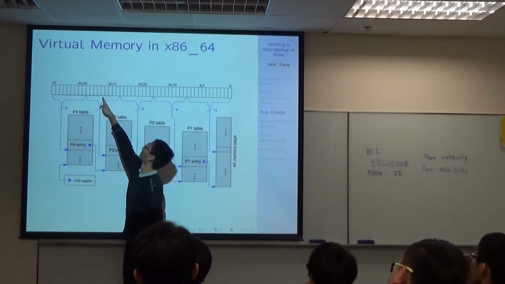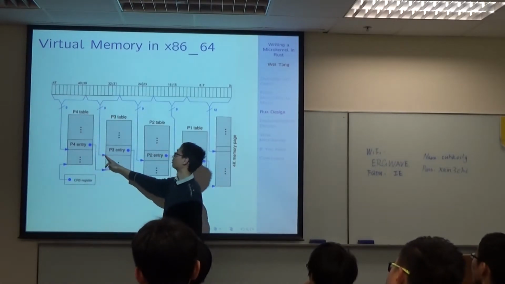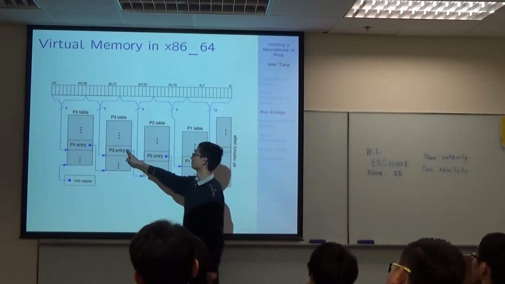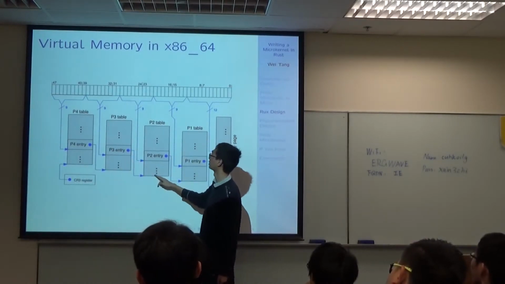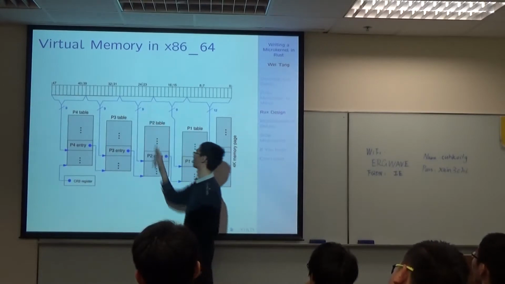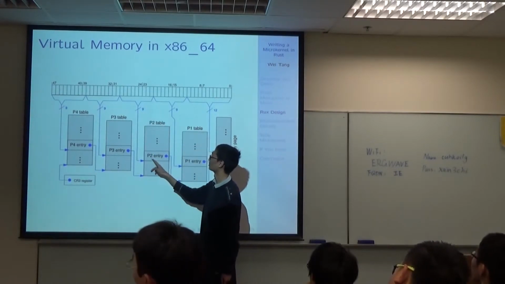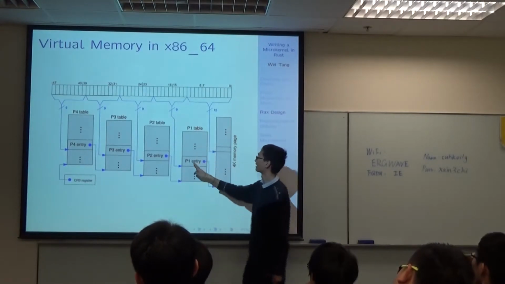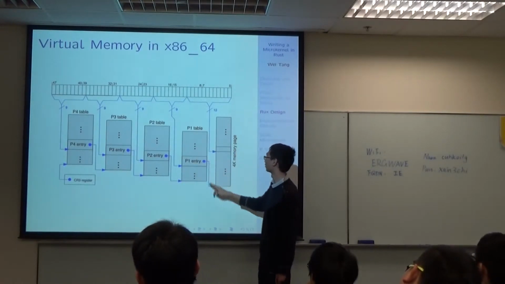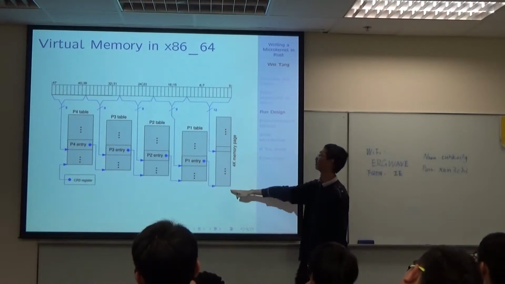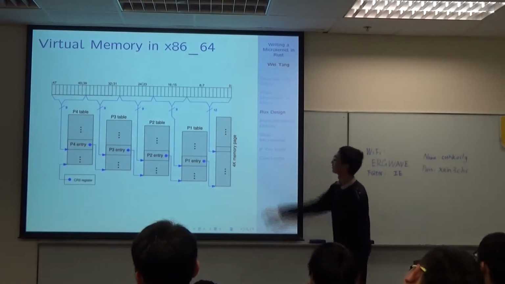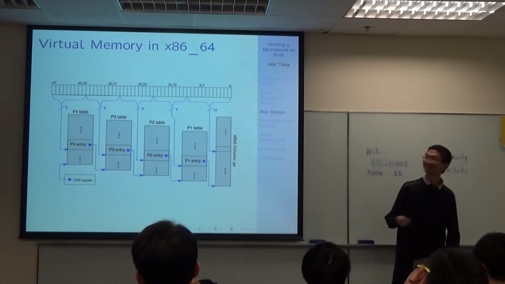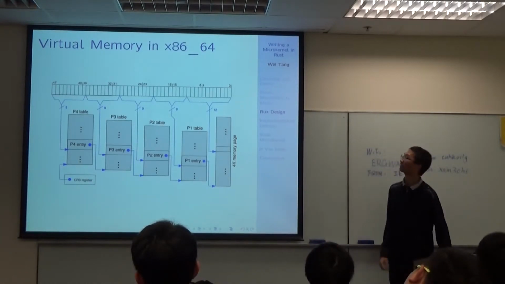And then these 9 bits will refer to an entry in this P3 table, and so on. So this P3 entry refers to a P2 table. And then these 9 bits set the offset of this P2 entry, and then the P2 entry refers to a P1 table. And then we get a P1 entry, and this P1 entry refers to the actual memory. And each memory page is 4K in this specific architecture.